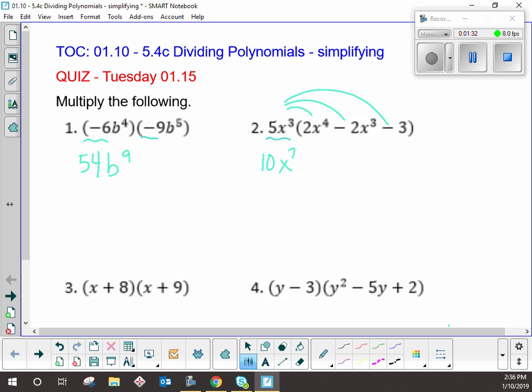And then 5x cubed times the next term, so that's 5 times the negative 2, negative 10. And then x cubed times another x cubed, x to the 6th, right? But now this last one's a little bit weird because it's 5x cubed times negative 3, but the negative 3 doesn't have any x's. So how am I going to handle that? X to the 0, right? That's really what's going on. It's x to the 0. So I do 5 times the negative 3, which is negative 15.